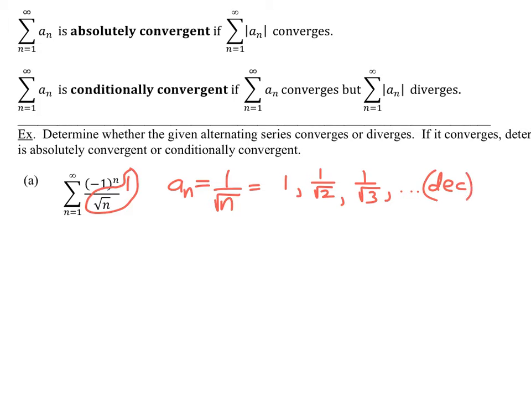Now, if I was not sure that it was an alternating series, then I might want to show the positive negative, but even that's a stretch because once you see a -1 to a variable power, you know it's alternating. All right, so I need the limit as n approaches infinity of 1 over, I'm going to write it as n to the 1/2.